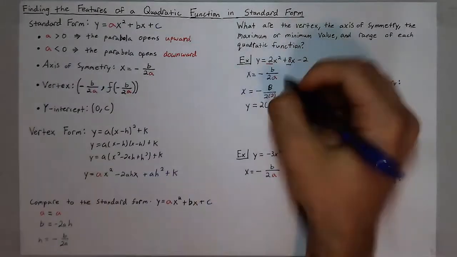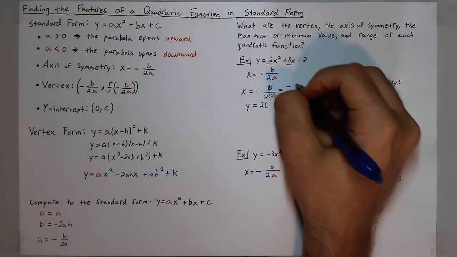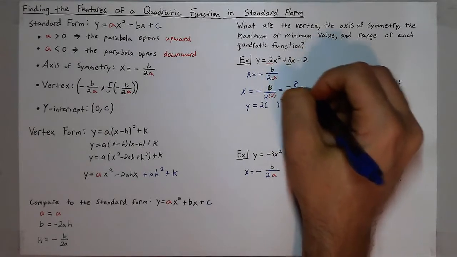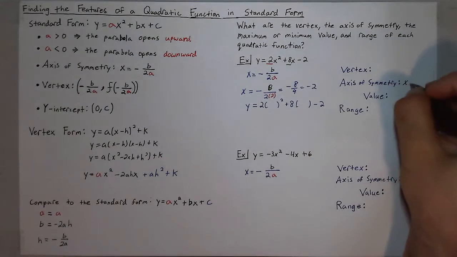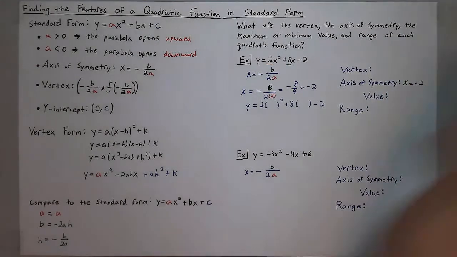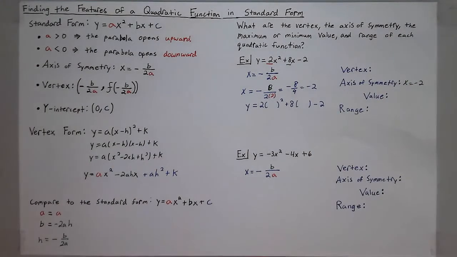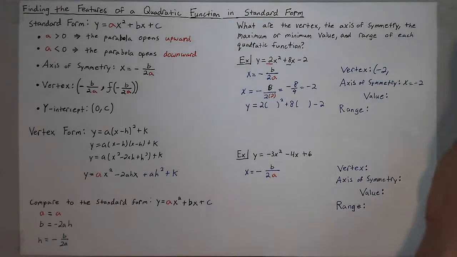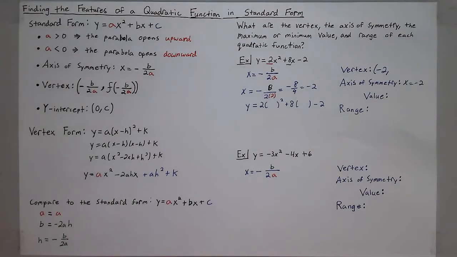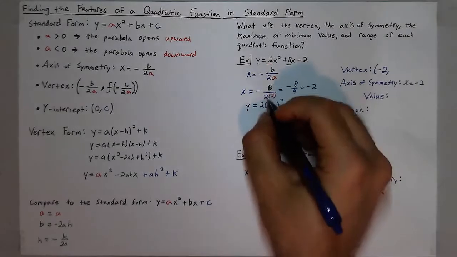That'll leave me with negative 8 over 4, which is negative 2. So my axis of symmetry is x equals negative 2. Now let's use that value, because now I know that's going to be the x-coordinate of my vertex. Let's figure out what the y-coordinate is by plugging negative 2 into this equation.